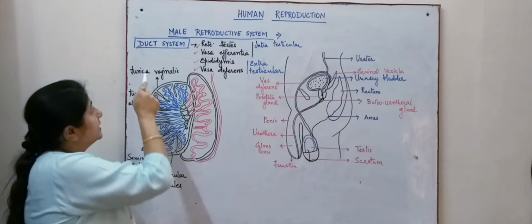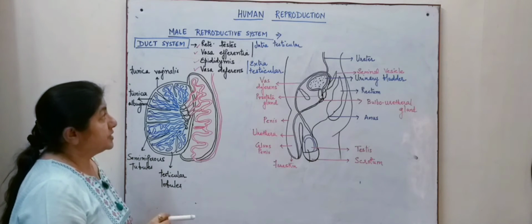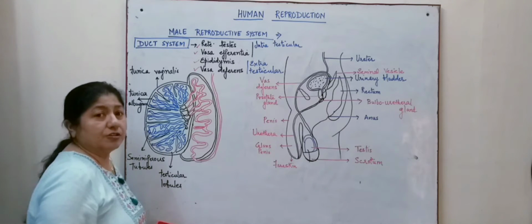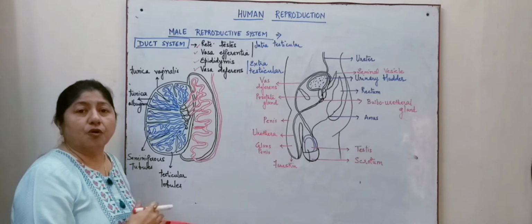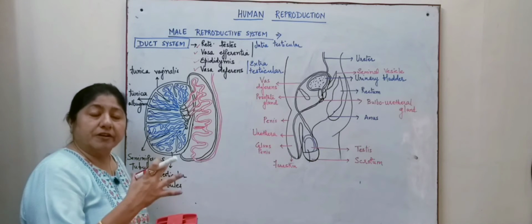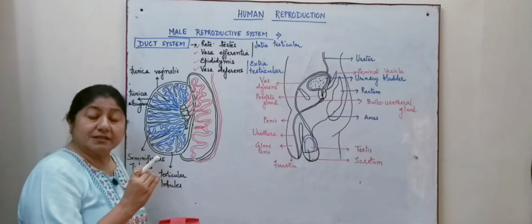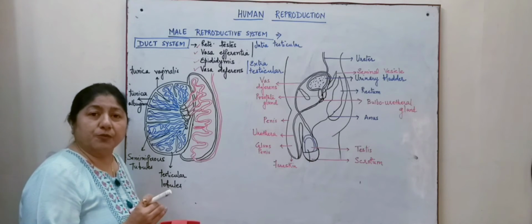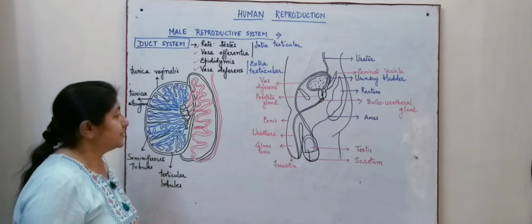This is the outer layer, that is tunica vaginalis. So the duct system basically involves only the transportation of the sperms, and it also carries the secretions from the various accessory glands.